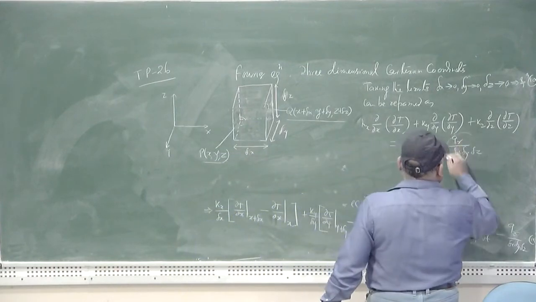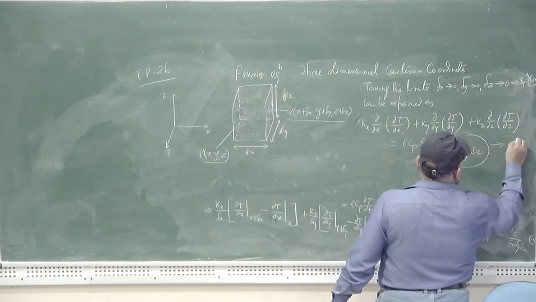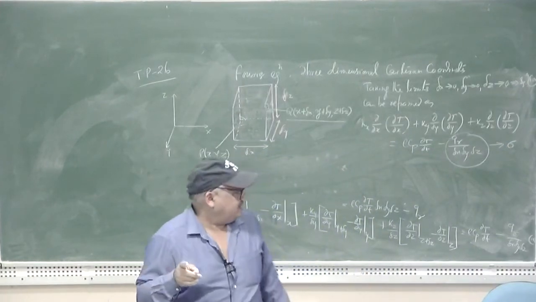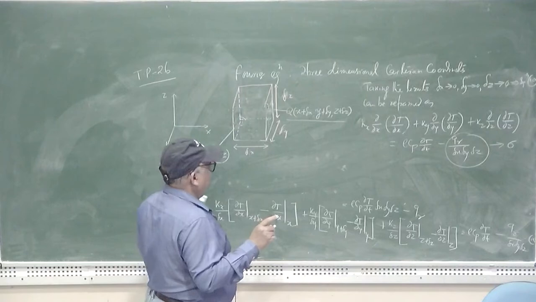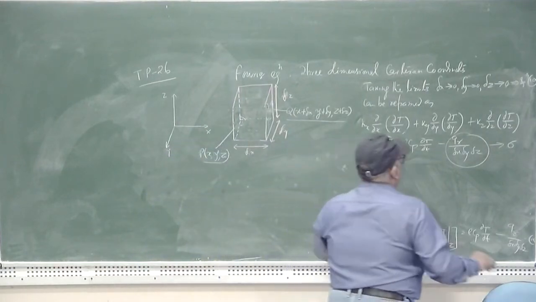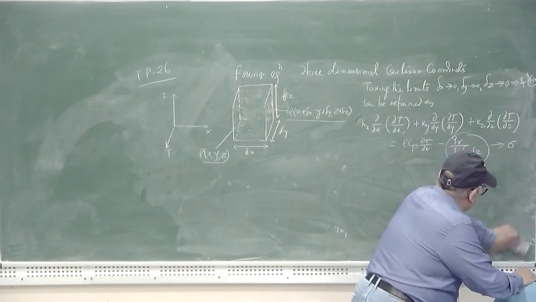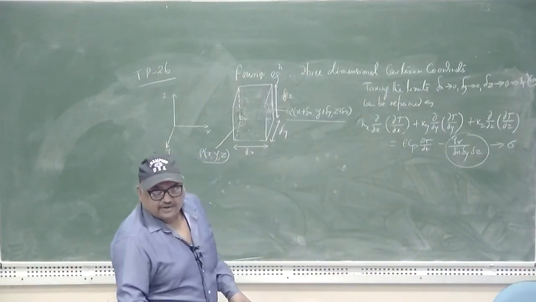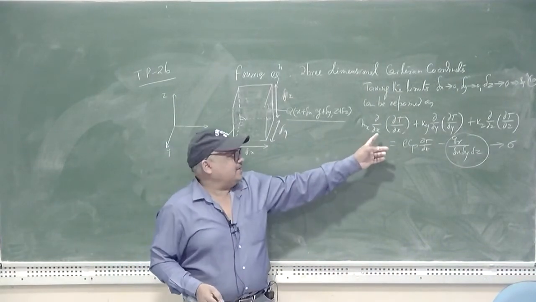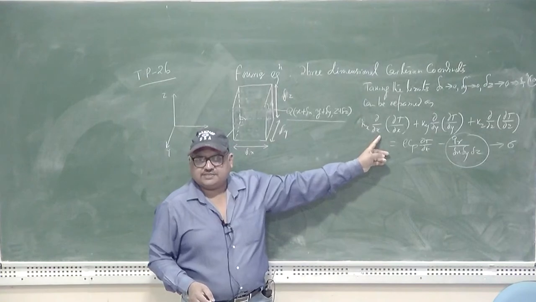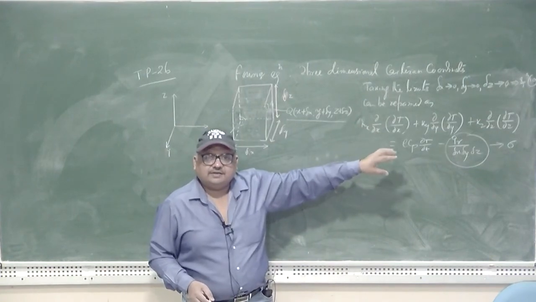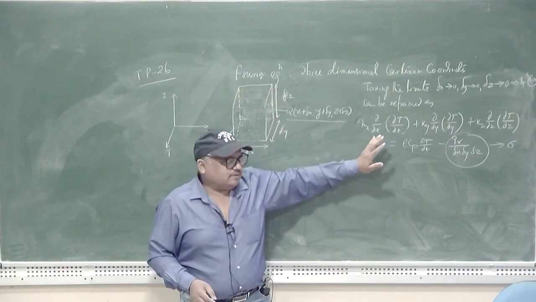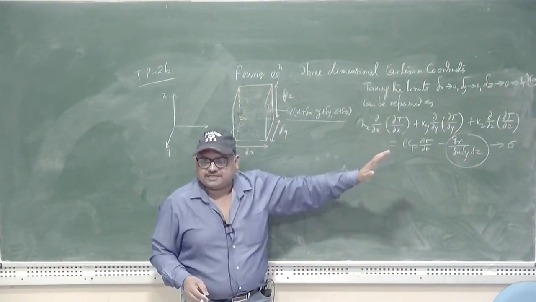Let this quantity be equal to sigma, another variable. So we can write this equation further as follows. Since here you can see this is the partial differential along the x axis of a quantity, that is temperature, the variation of temperature with respect to the x axis only.